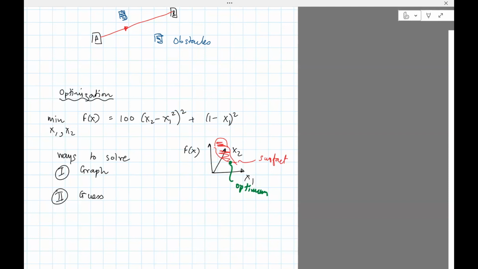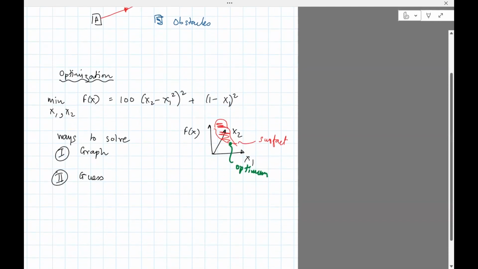So we can maybe guess that one way of minimizing this is to see that the value of f of x is 0, because something which has a sum of squares is 0 or greater than 0. So maybe there is a solution such that f of x is 0, in which case you can see that the solution is just 1, right? If you put 1 and 1 for x1, x2, f of x is actually 0, and that turns out to be the optimum solution.